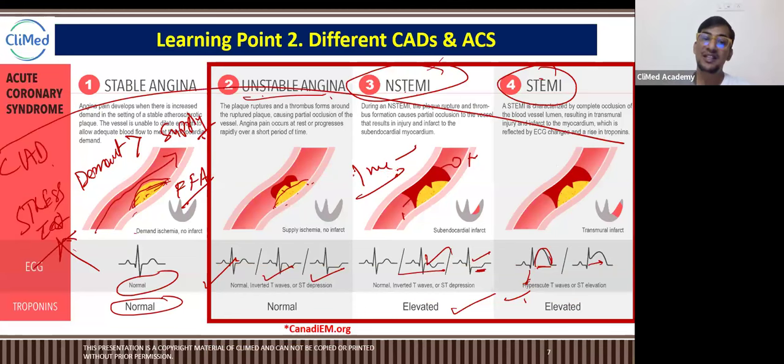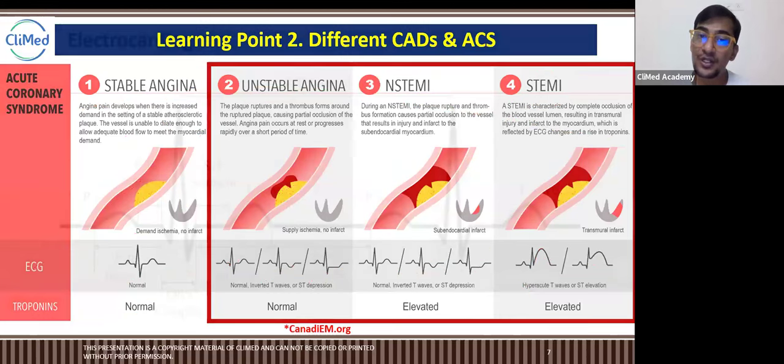But of these four, three are called acute coronary syndrome because they can cause harm to the patient acutely, and they need medical attention immediately after the problem happens. That's why we call them acute coronary syndrome.